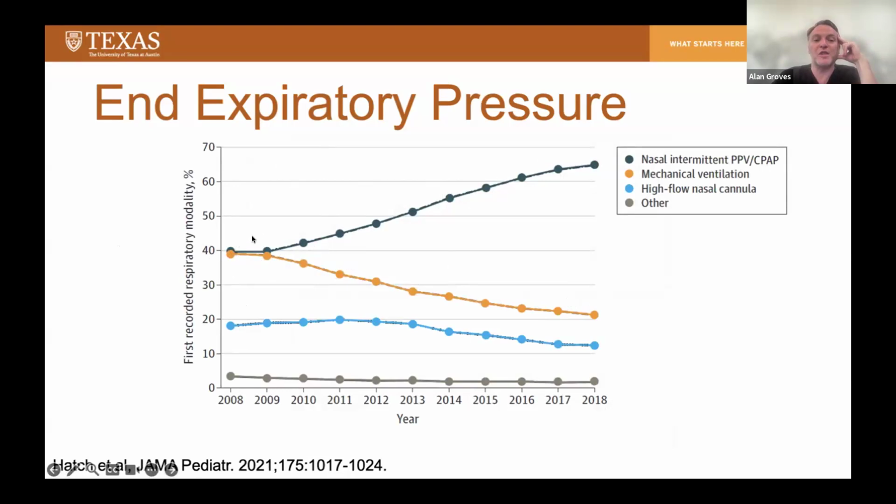So our primary support mechanism now, 2/3 of the time, is CPAP or NPV, with a small number of units using some high flow, and some babies, of course, still needing to be intubated. But you know, when you walk around your unit, the majority of small babies that you see are on CPAP.